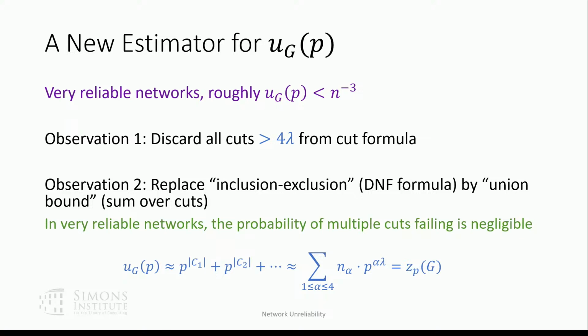I only keep the terms going from the min cuts to 4 times the min cuts. And that's a new parameter z that, through these two observations, approximates u up to a little o of one term. So all I care about is estimating z. I don't care about u anymore. Questions about this?